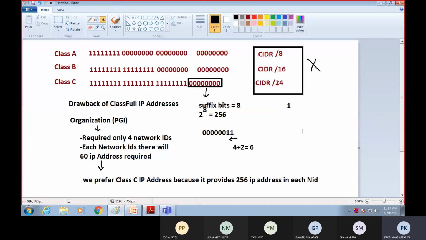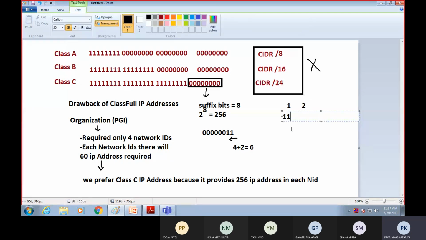If 1 bit is set, it gives us 2. If 2 bits are set, it gives us 2 raised to the power 1 plus 2 raised to the power 2, that is 4, so 6. If 3 bits are set to 1, then 2 plus 4 plus 2 raised to the power 3, that is 8, so it gives us 14.